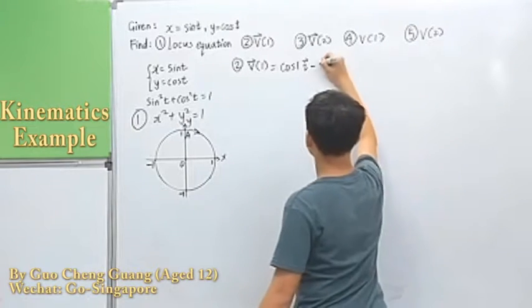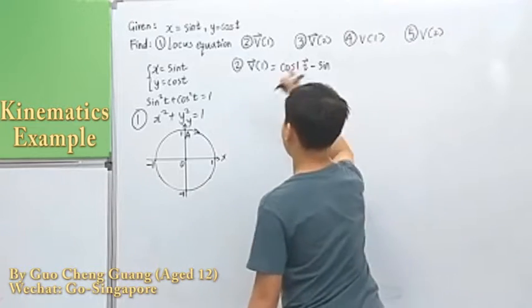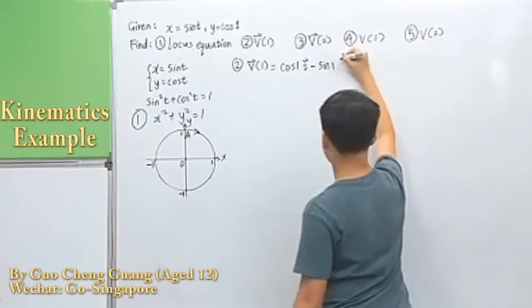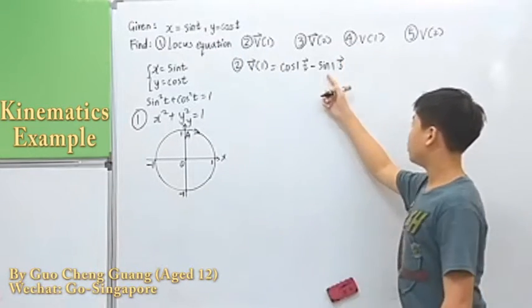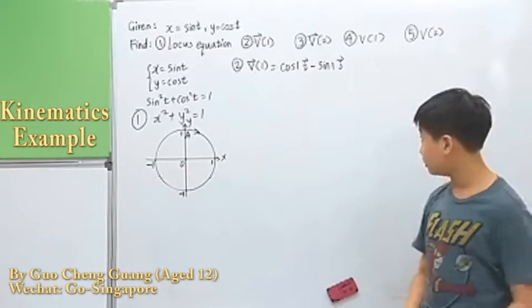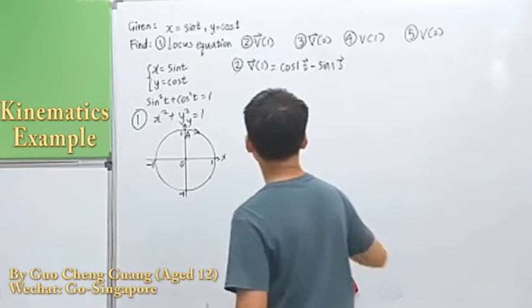So cosine, then you'll get sine. Sine, well, times 1, you get 1. In which direction? Of course, here y direction. So j vector. And so this part will be the component in the y direction. Okay, so you just get something like this.